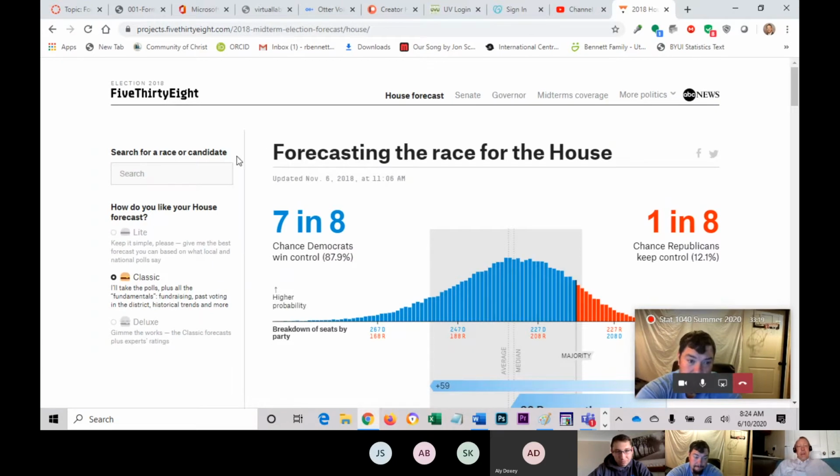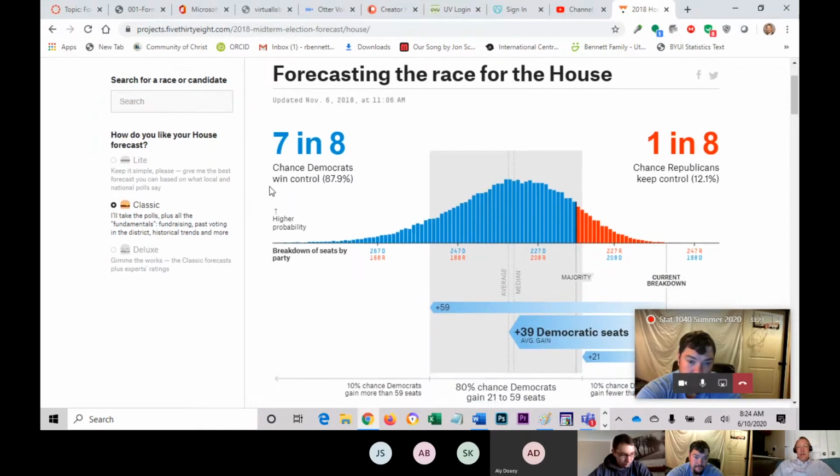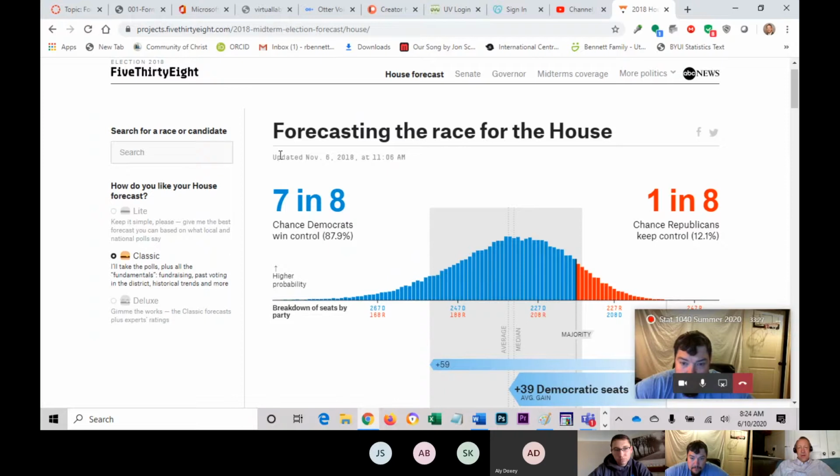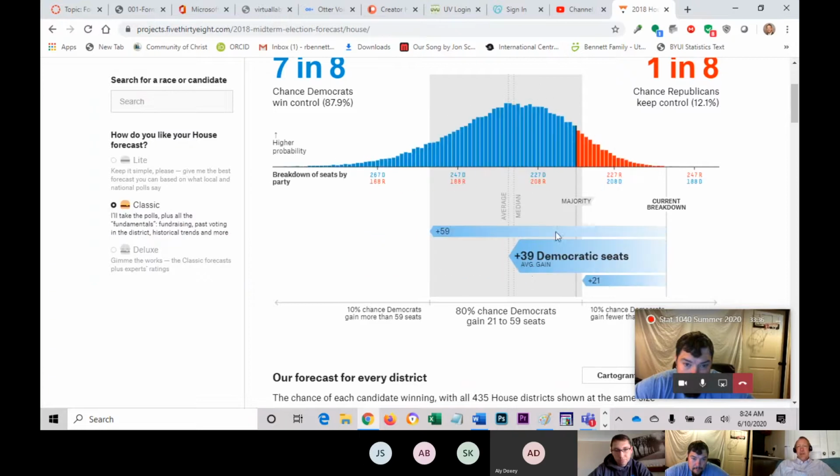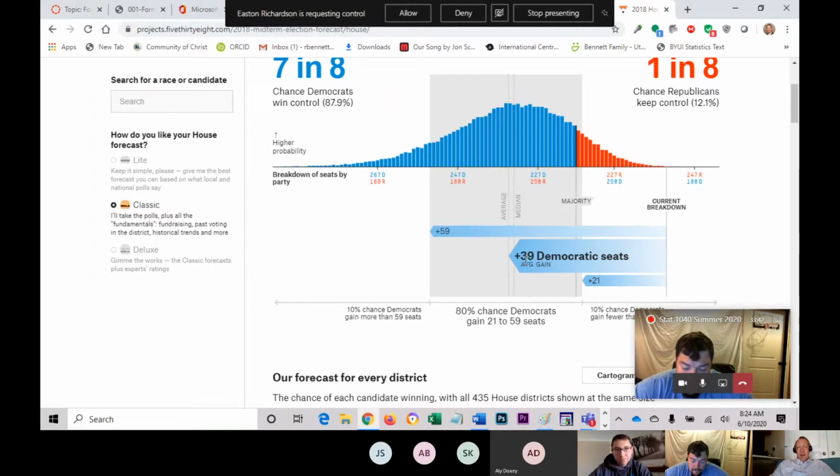So in 2018, when they had the last election, they were trying to figure out how many seats the Democrats would win in the race. And one of the things that I was really surprised, so this is really good, but it said that the median was going to gain 39 House seats.